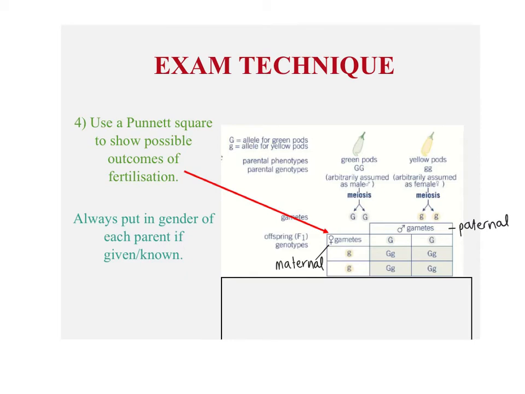So we've got a big G here and a little g here, so in the box where they meet, big G, little g, again, big G, little g, and you just carry on filling out your table as you will have done at year 11. Make sure, please, that you're labelling the side of your Punnett square with the gender of each parent if it's known, just so you're showing that you're linking where you've put your gametes to where you're putting them in your table.